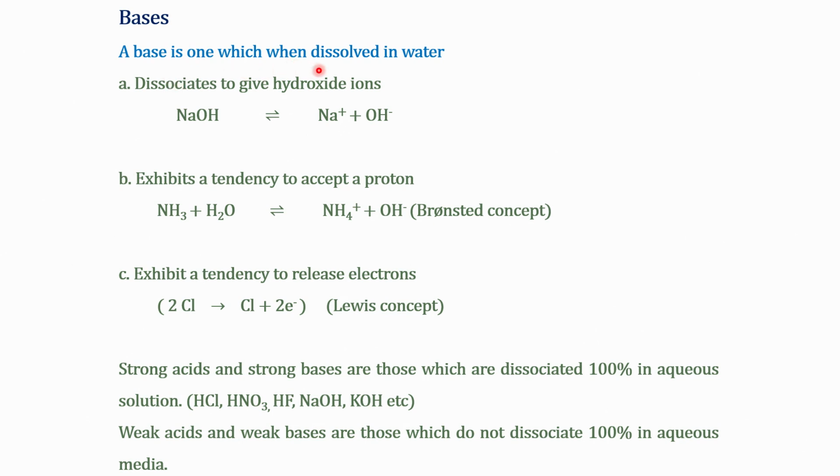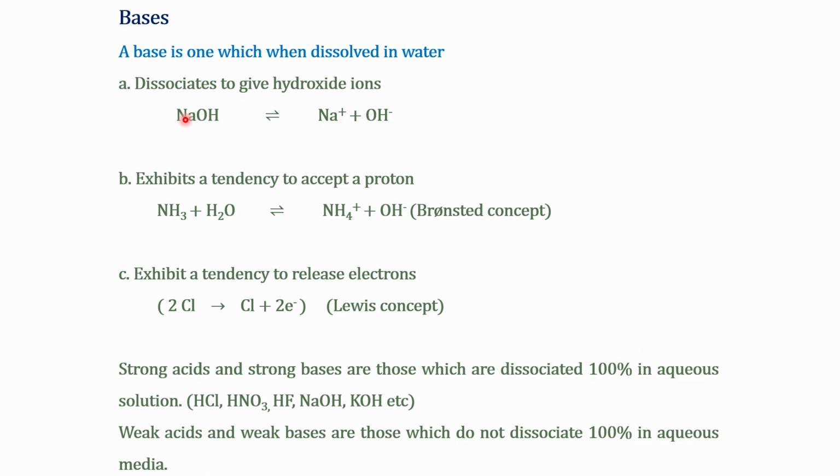A base is one which when dissolved in water should dissociate to give you a hydroxide ion, and the other part, that is cation and anion. So, OH minus is the anion, Na plus is the cation.